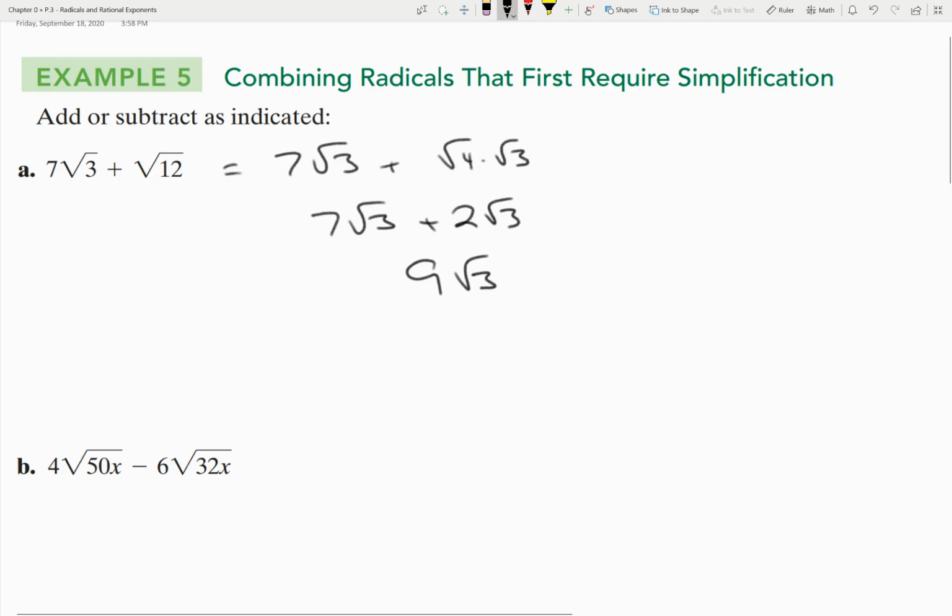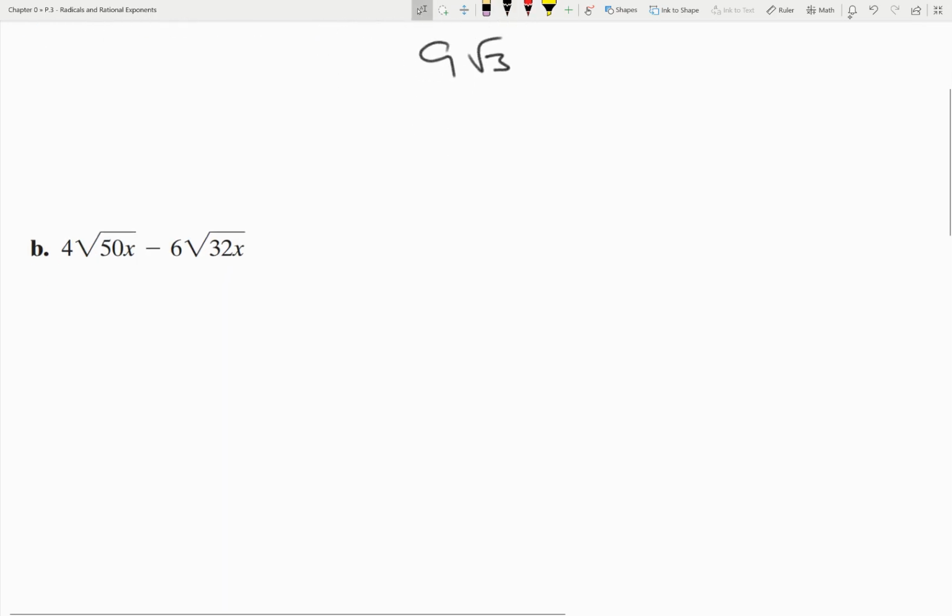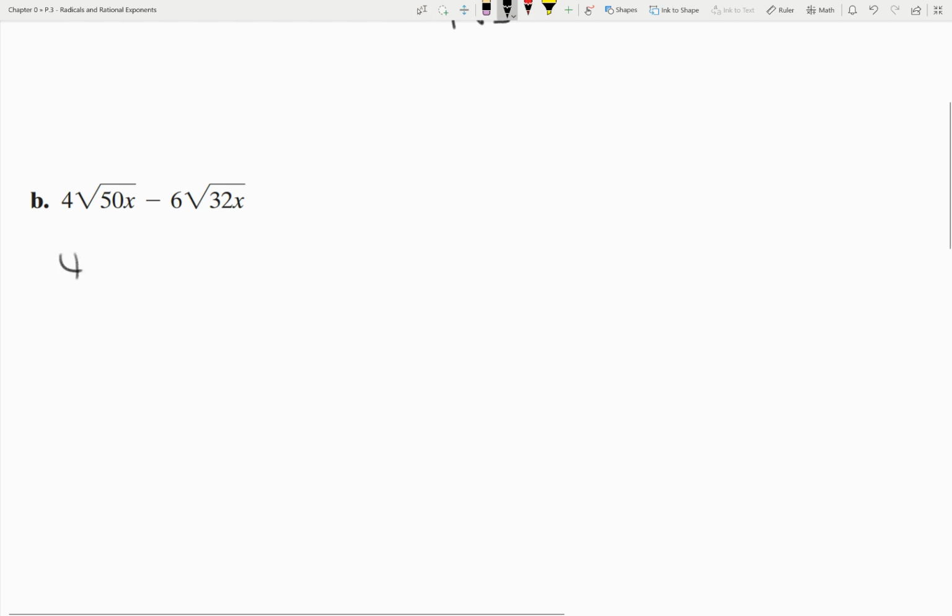Okay. For the second one, okay, we got some x's, we got some bigger numbers here. Okay, still not too bad. So we have the 4 outside, it stays there. I'm going to change this to a 25, and 2x gets left behind. 25 is 5 times the 4, which is outside already, gives me 20 square root 2x.